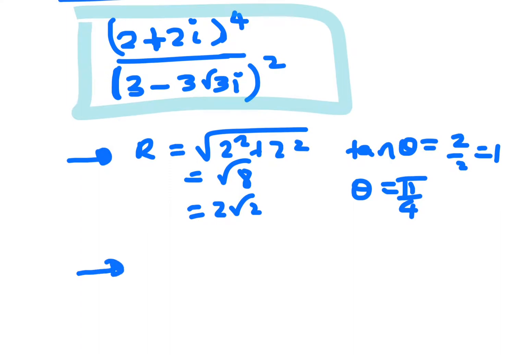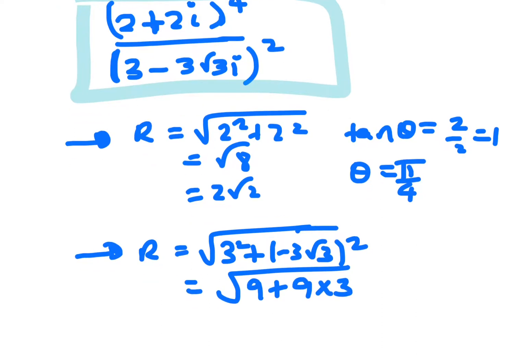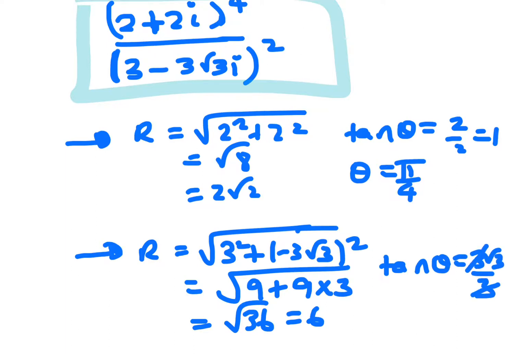For the bottom, you got r is the square root of 3 squared plus minus 3 root 3 squared. 3 squared will be 9 plus 9 times 3. So that's 27, and that would be root 36, which is just 6. And tan theta is 3 root 3 on 3.